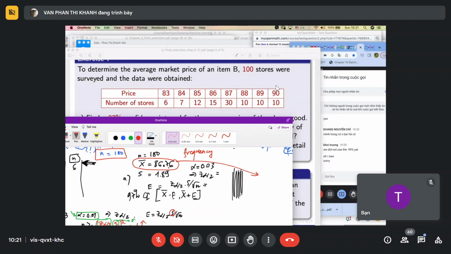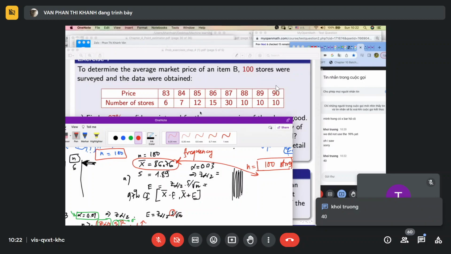It is 86.76, right? So in 100 stores, this is n, it is 100 stores. Please tell me how many stores sell at a price below this sample mean. It's between 86 and 87. So the number of stores that sell below this is 40.